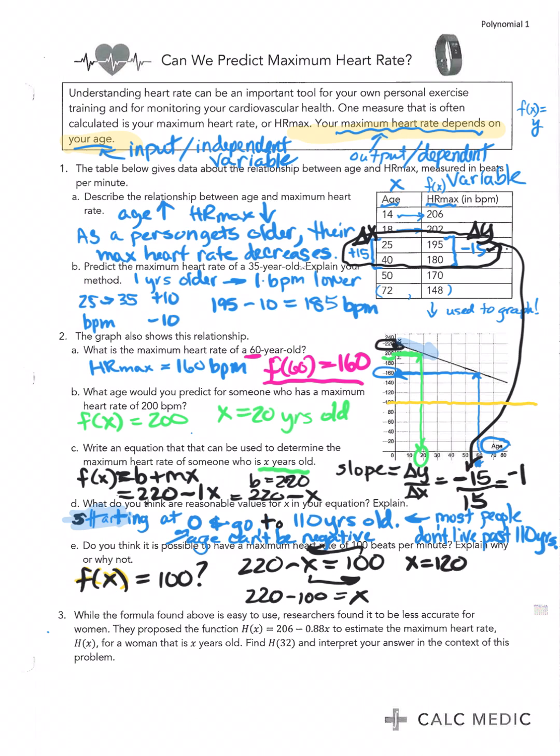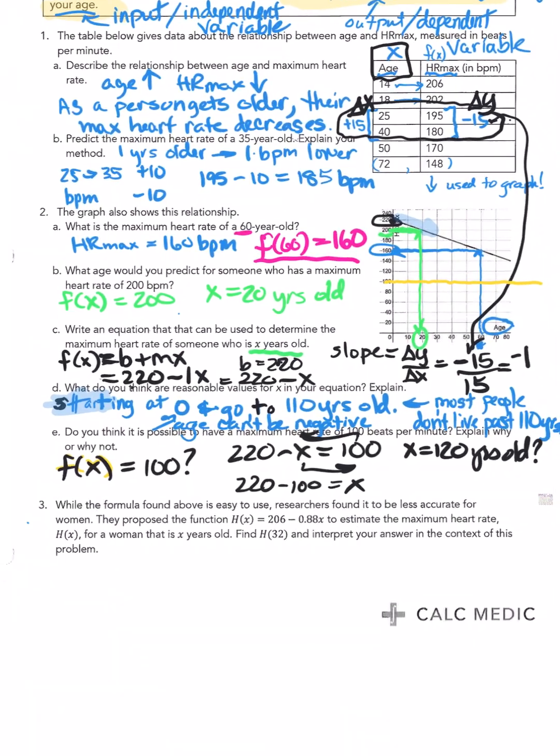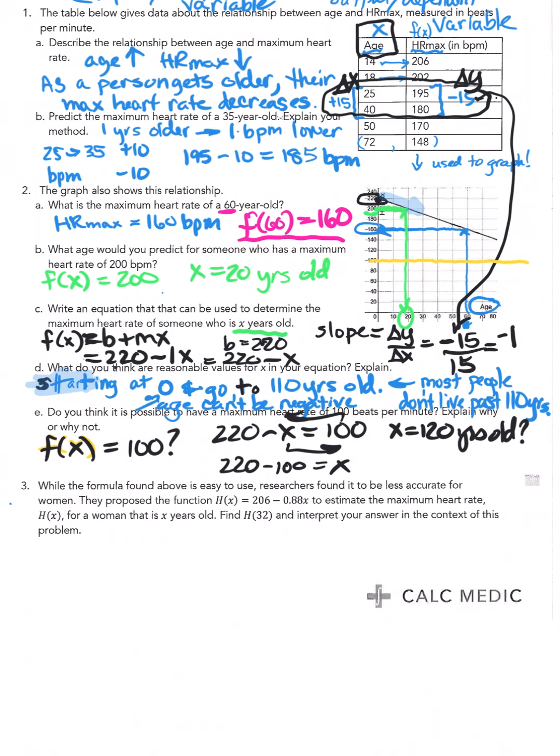And what does that stand for? x is age. We found that up here. x is age. So 120 years old. Does that make sense to us? No. So do you think it's possible to have a maximum heart rate of 100 beats per minute?